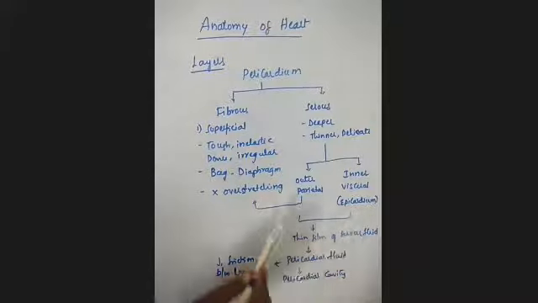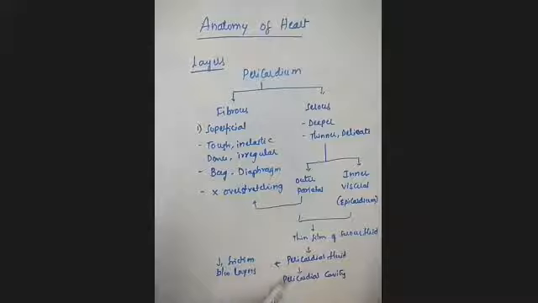In between these two you have a thin film of serous fluid that you will call pericardial fluid. This pericardial fluid is present in the pericardial cavity, and its main function is to reduce the friction between the layers. Okay, generally this is about the pericardium.